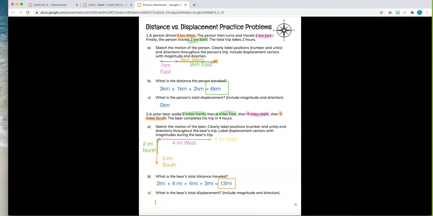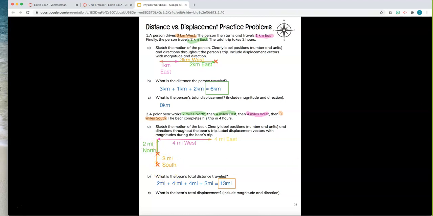And in this case, we did not start and stop in the same locations. So we started here and we finished here. So the distance between our starting point and our stopping point is going to be the distance between this marker, which is 2 miles north, and this marker, which is 3 miles south. So the distance is going to be 1 mile.